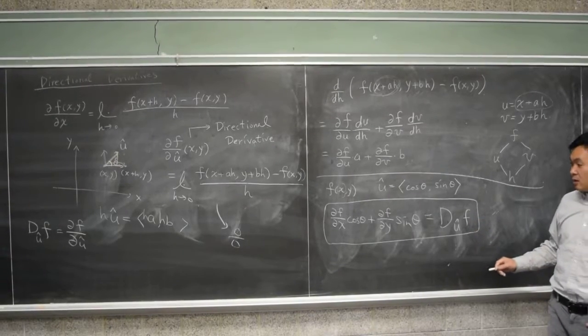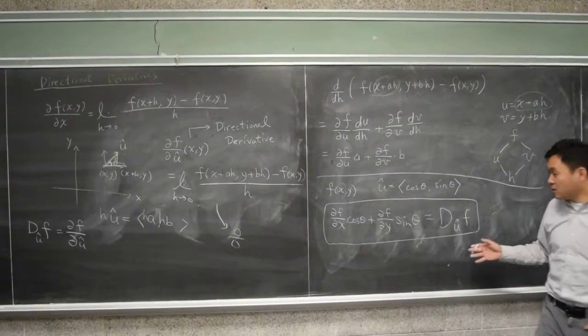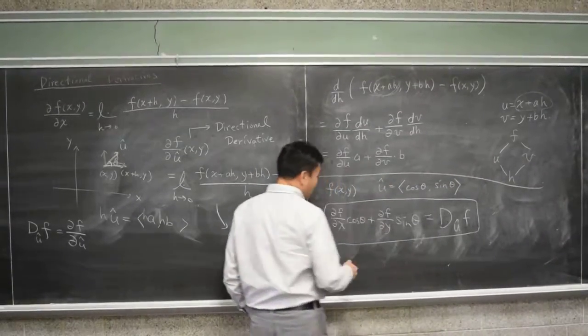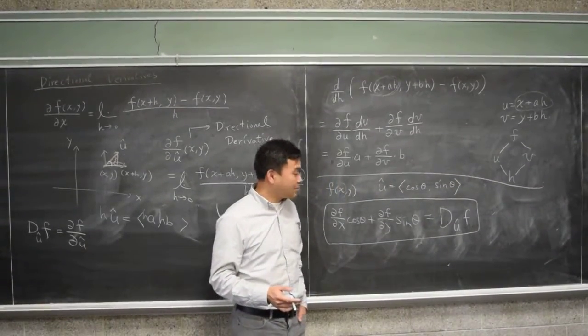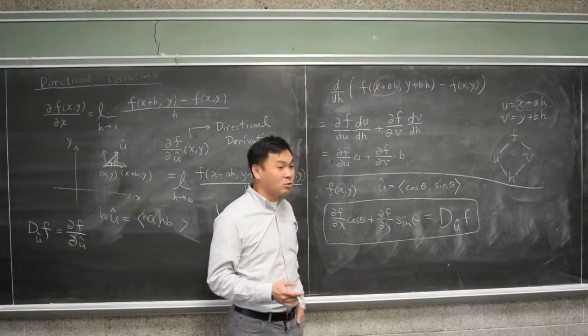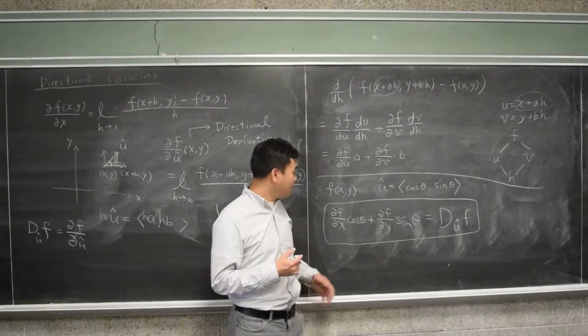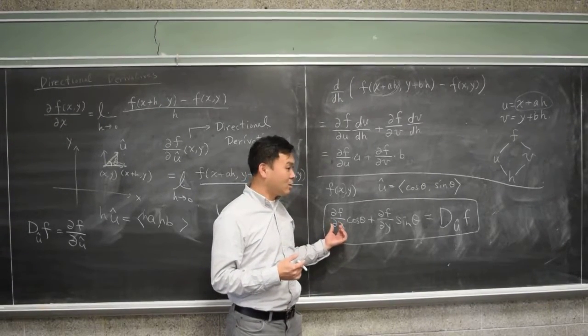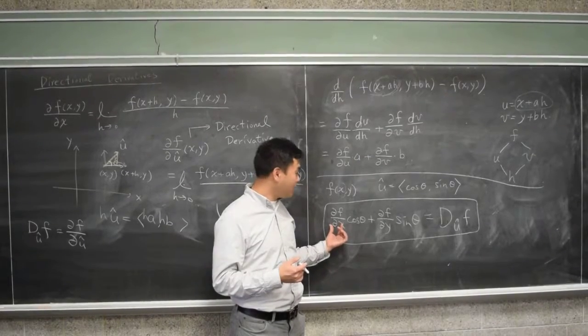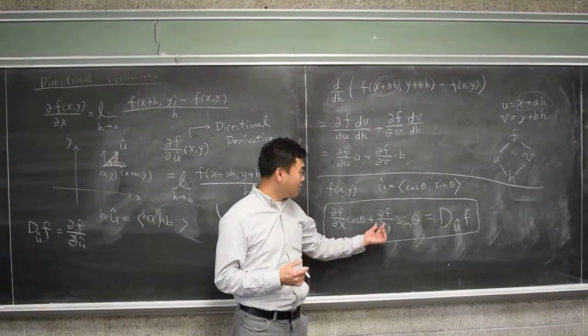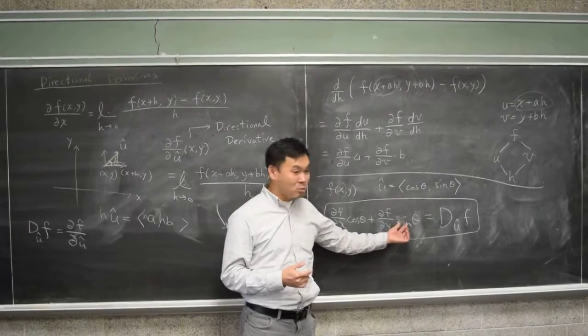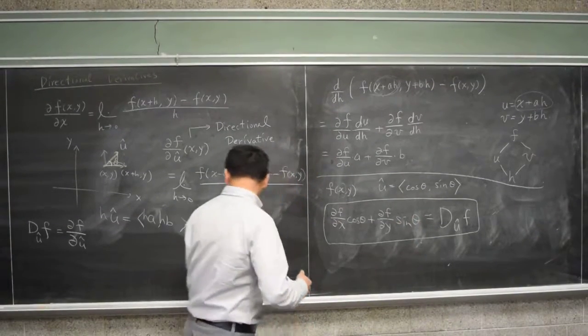But for now, if you want to know how fast f is changing in the direction of angle theta, then you take f partial with respect to x, multiply by cosine theta, f partial with respect to y, multiply by sine theta, and that's your directional derivative.